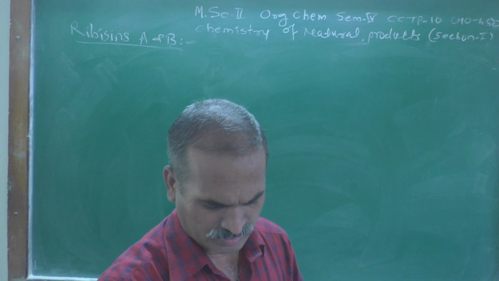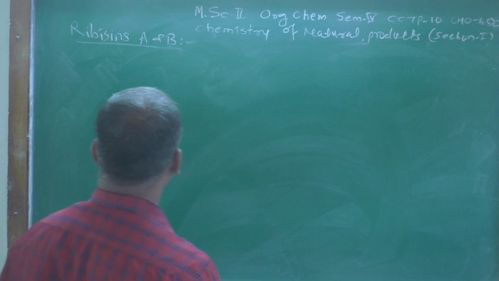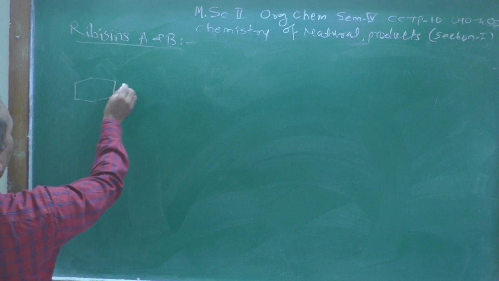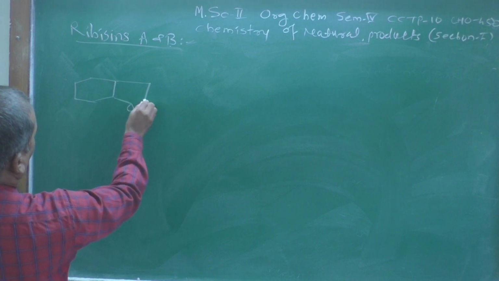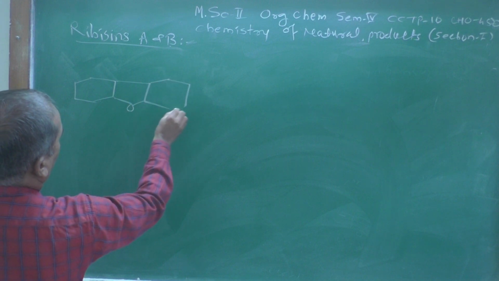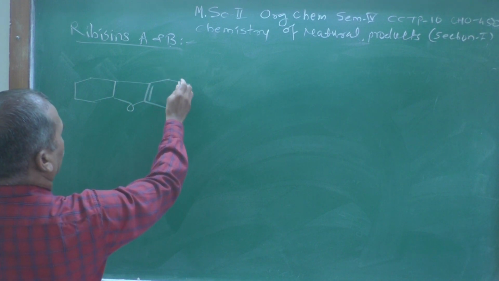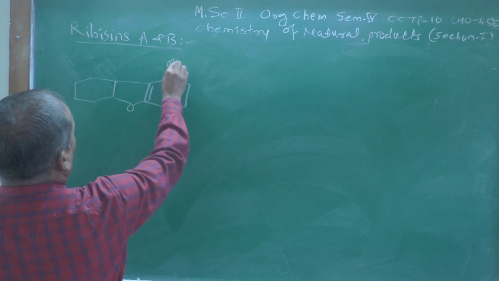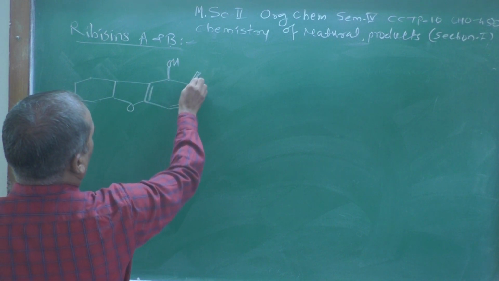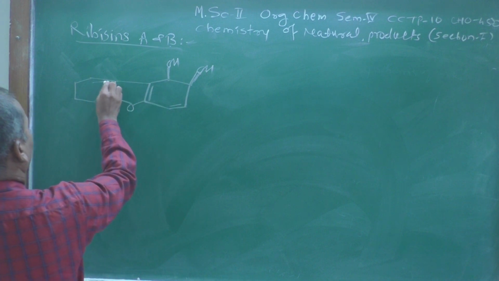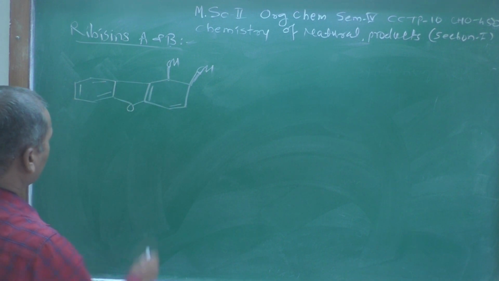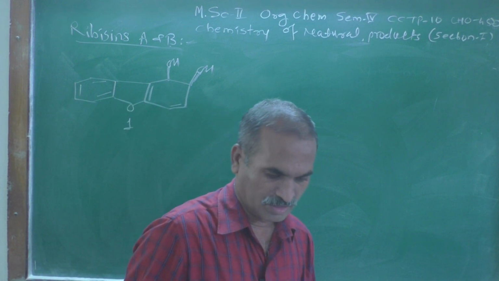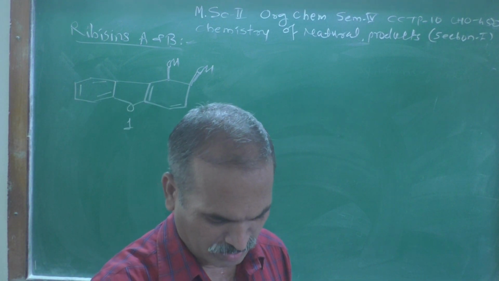As we know, the starting compound, compound number 1, which I am representing over here, has OH here and OH here. This is structure number 1, the cis diol.